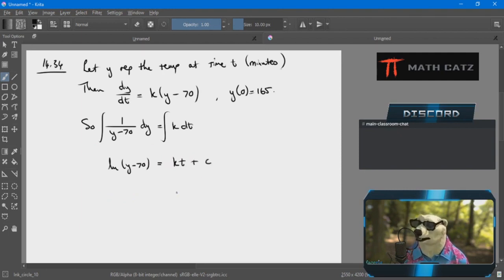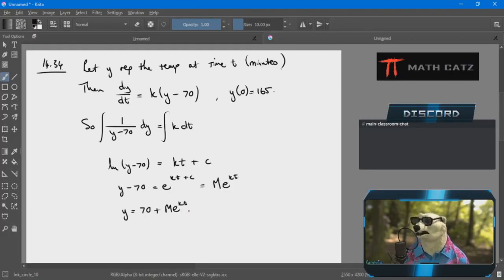And I group my integration constants at the end here. So then y minus 70 is e to the kt plus c. And just like always, we will rewrite the integration constant to a more convenient one. And then I might as well solve for y now. I get 70 plus m e to the kt.